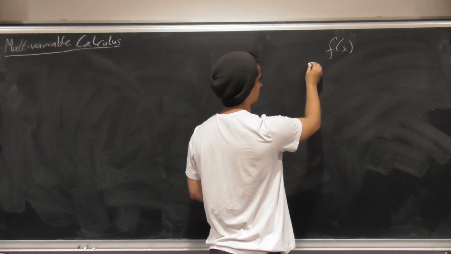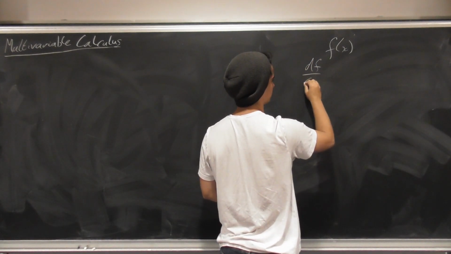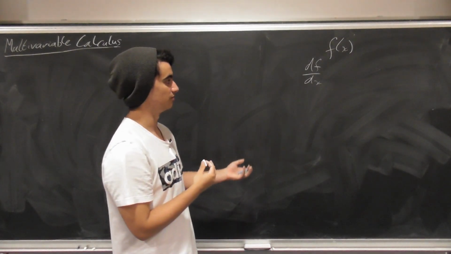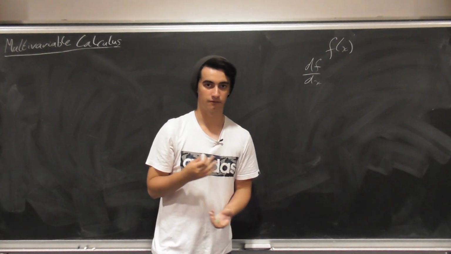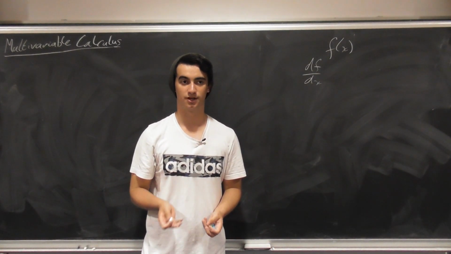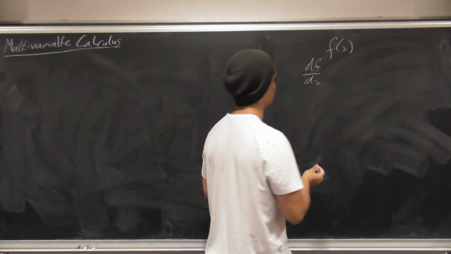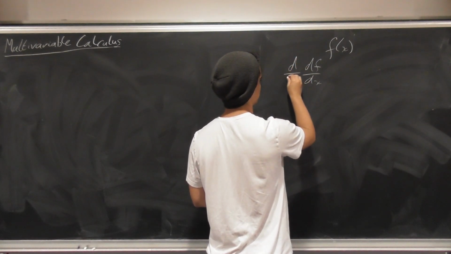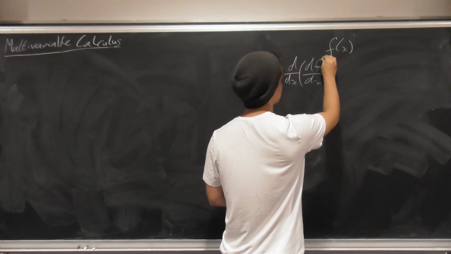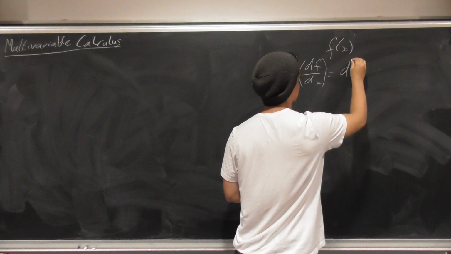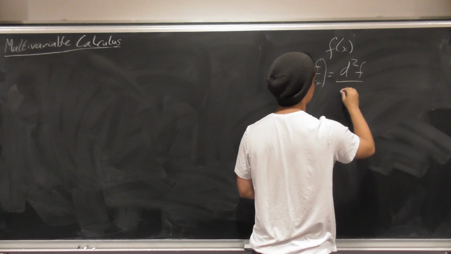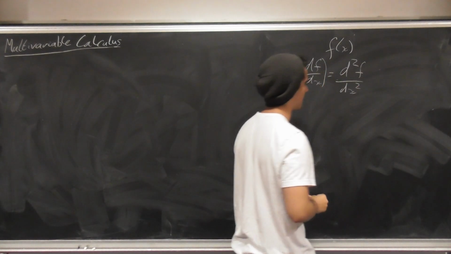So in the same way that if we had a function f of x and we take its derivative, we can write it df/dx. We can also take the derivative of that function, because the derivative of a function is oftentimes a function itself. So if we take d/dx times df/dx, we write this as d squared f over dx squared, and so on.